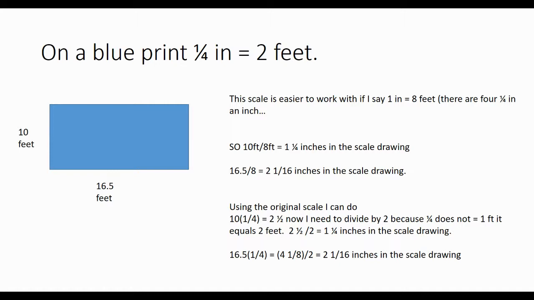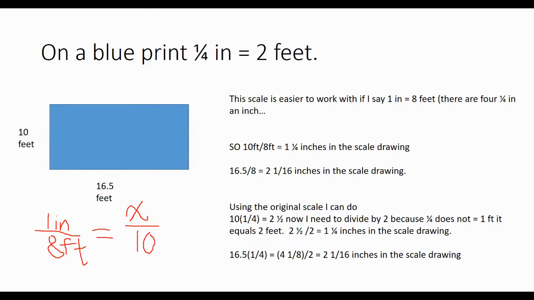And again, you could set up a proportion that says, I'm just going to stick with my 1 inch over, oh, that's a funky 8 feet, equals how many inches over 10.